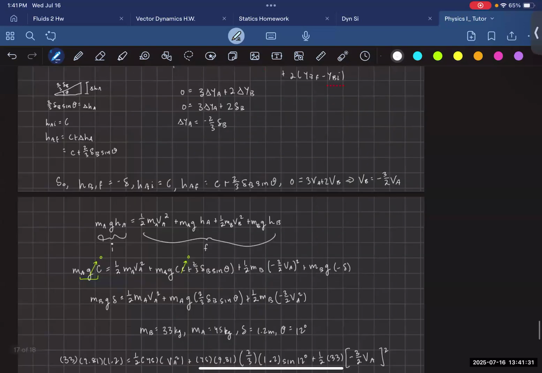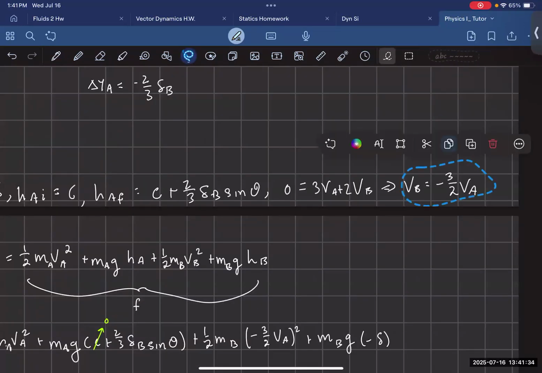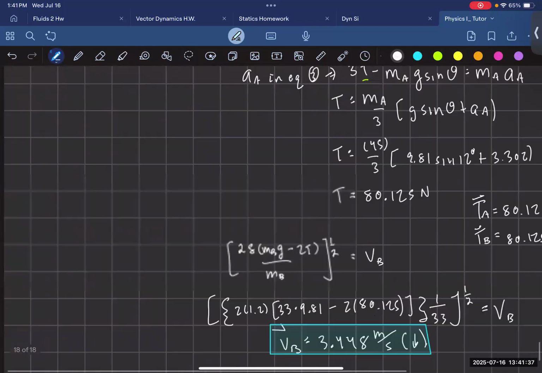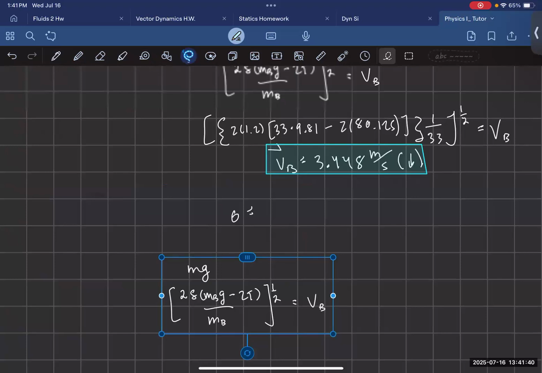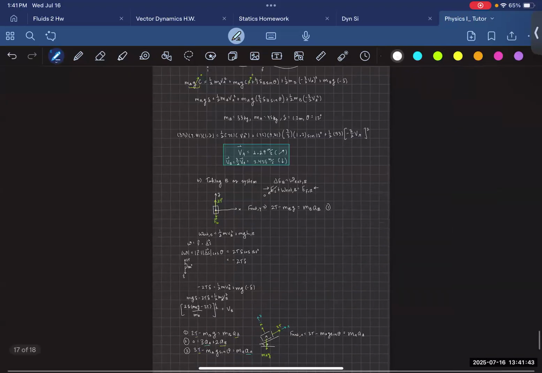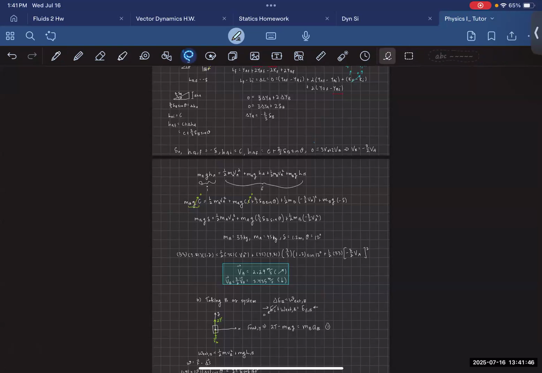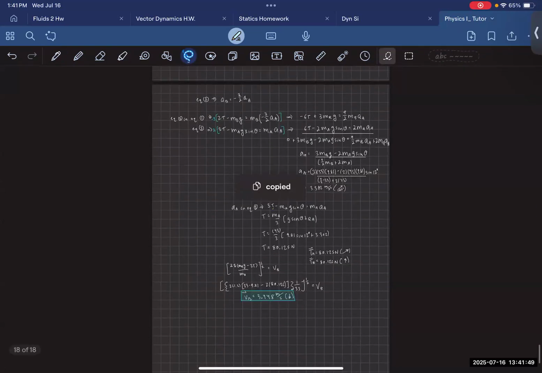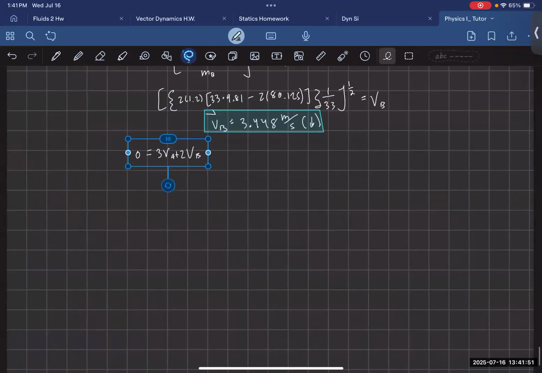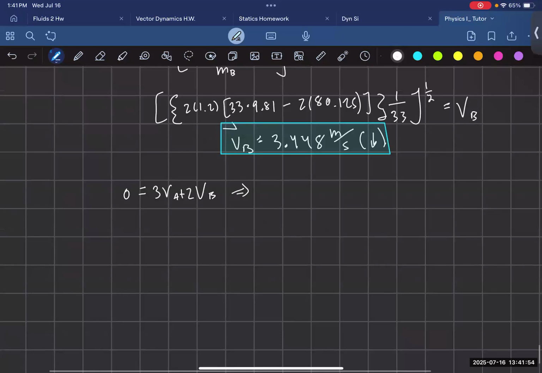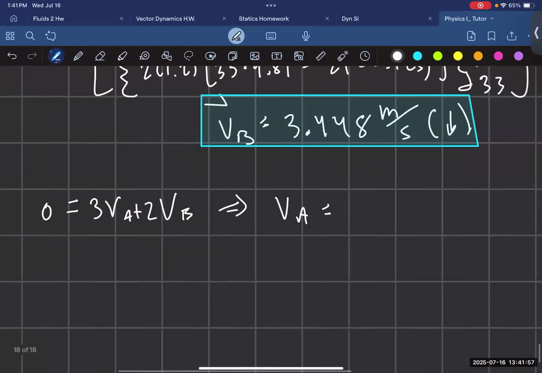Let's see. So we can solve for it real quick. We get that the velocity of A is equal to, just looking at the magnitudes, because the directions we can infer, and I've already talked about this before, 2/3 of VB, which is equal to 2/3 of 3.448.